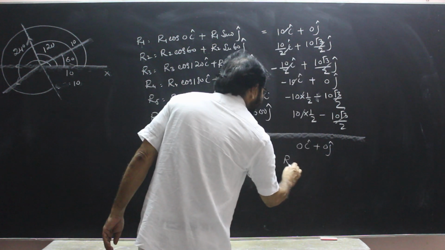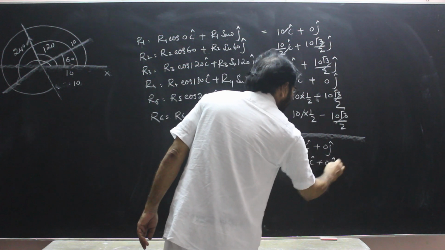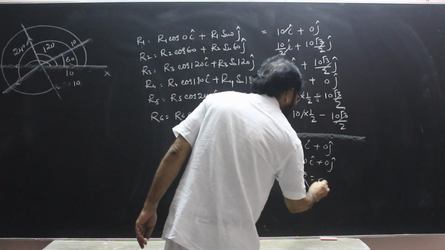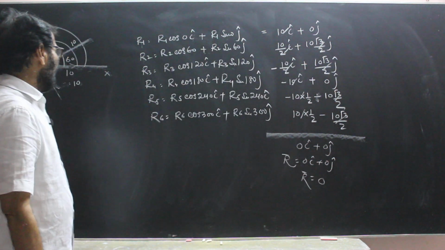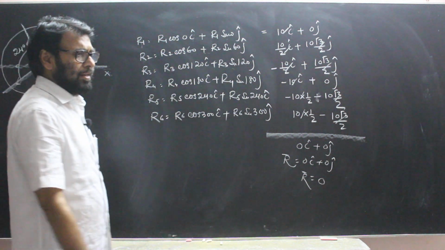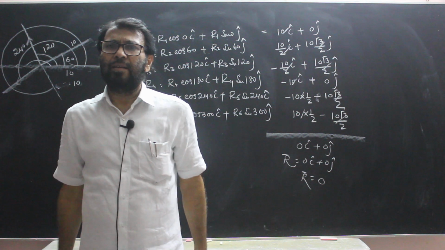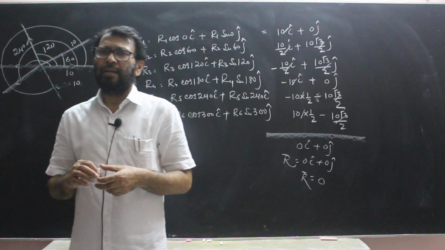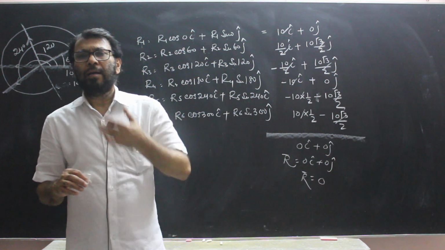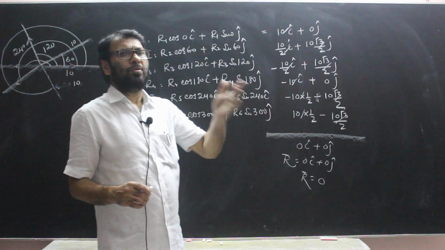So the resultant r is 0. So if 6 vectors are added, each of magnitude 10 unit, acting at an angle of 0 degree, 60 degree, 120 degree, 180 degree, 240 and 300, the resultant is of course 0.